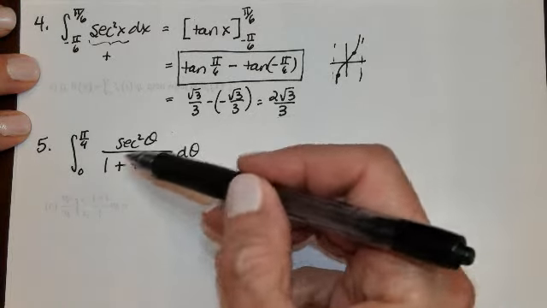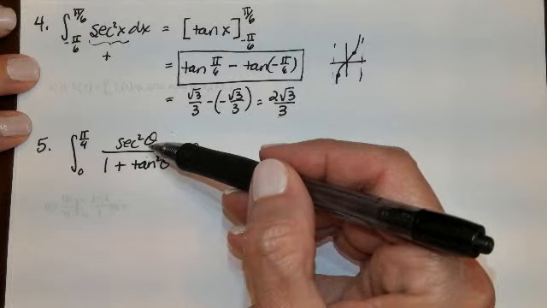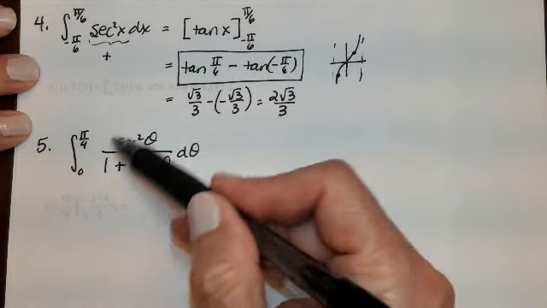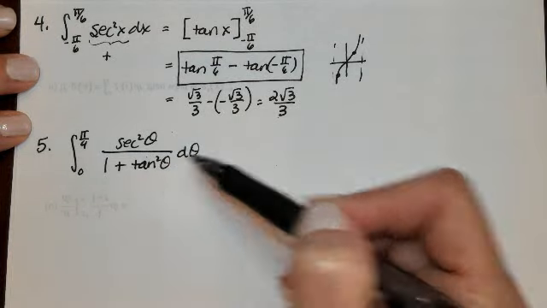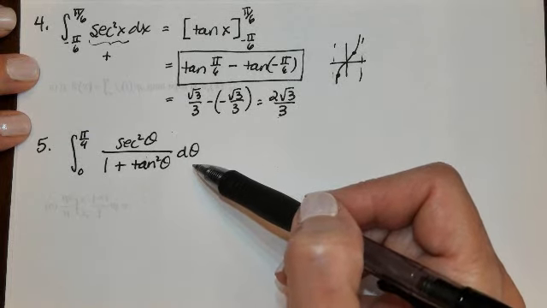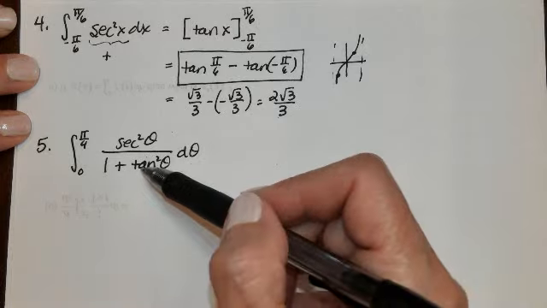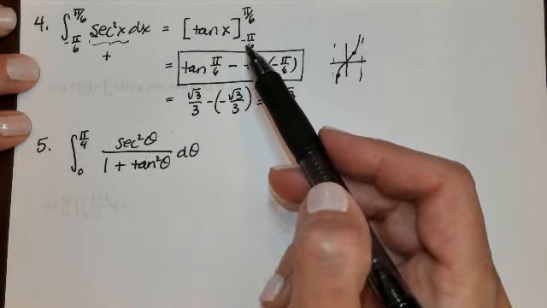Not piece by piece, but the entire thing, okay? This is a single term, so we have to know a function whose antiderivative is that. And if we don't, then we need to use a trig identity or two until we get something that, like this, we knew the antiderivative of.